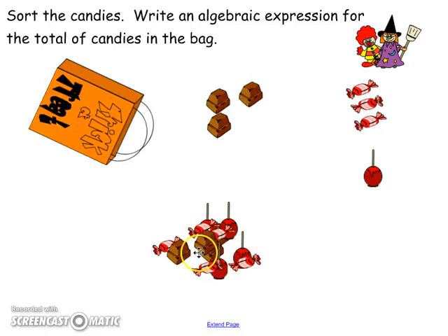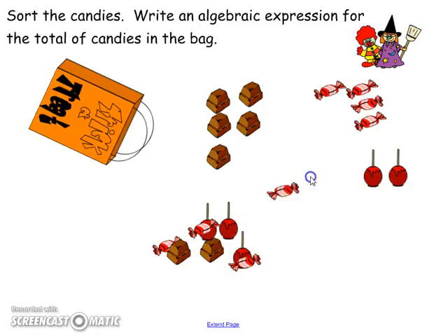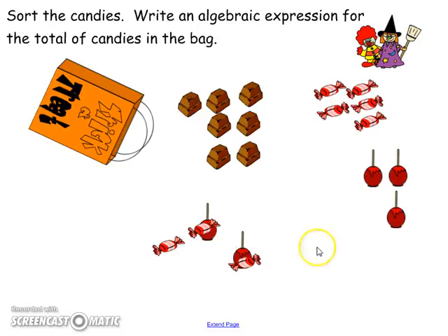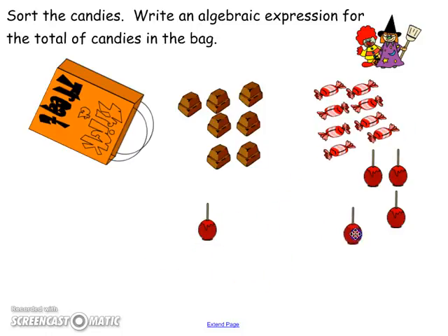Chocolate, another chocolate, apple, gum, chocolate, gum. This is similar to what we're doing when we simplify expressions: in essence, we will be sorting them out by type.